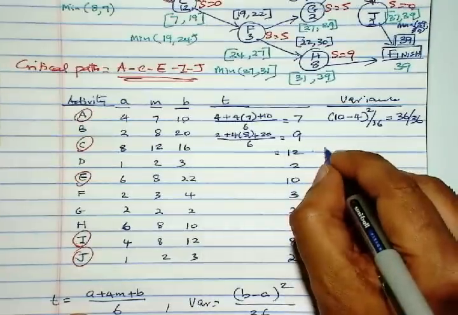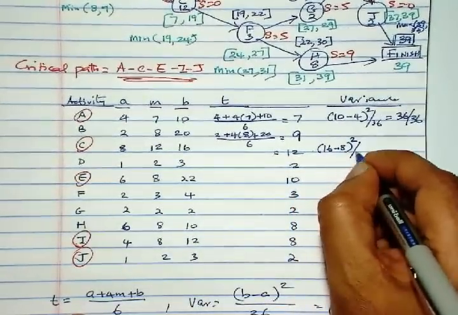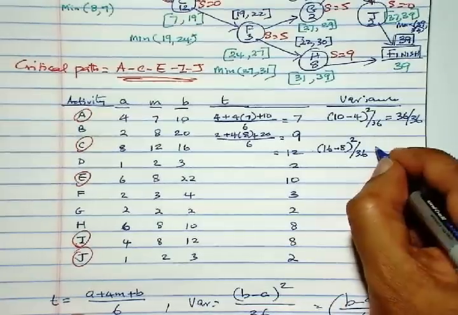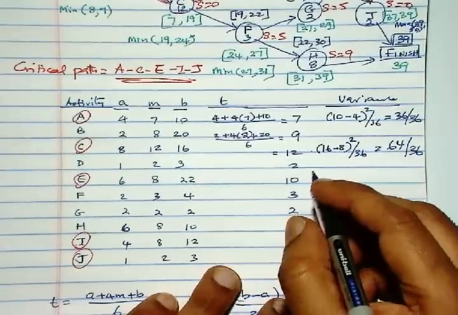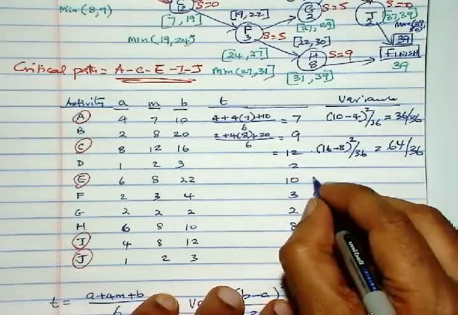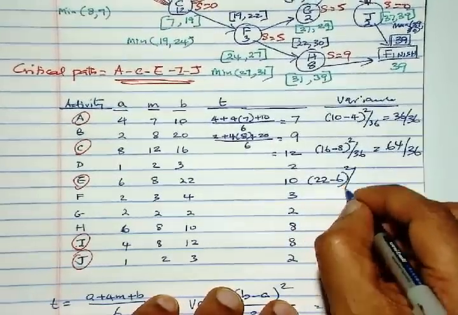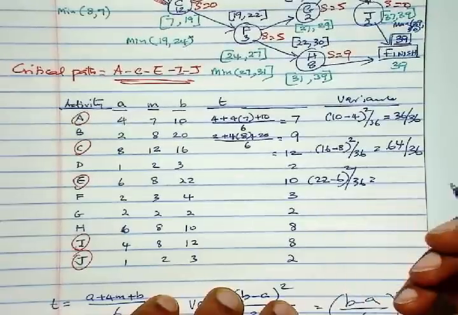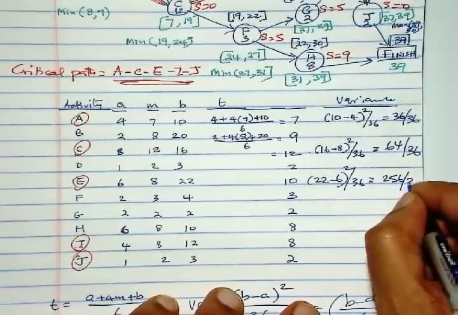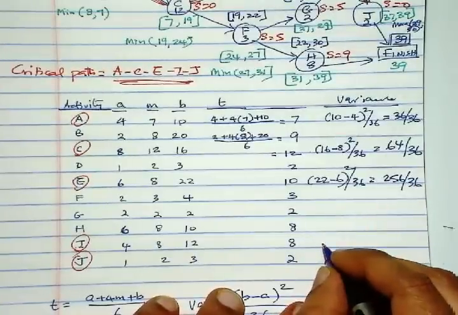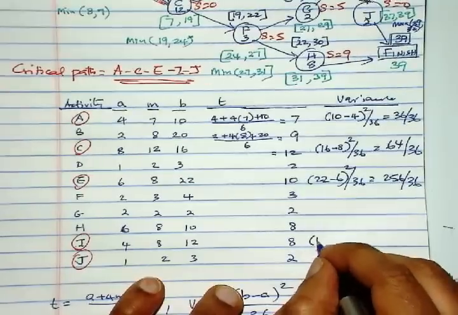So now we add these variances up and we get the variance of the critical path, and that is the variance of the project. So that will be equal to 36 over 36 plus 64 over 36 plus 256 over 36 plus 64 over 36 plus 4 over 36.